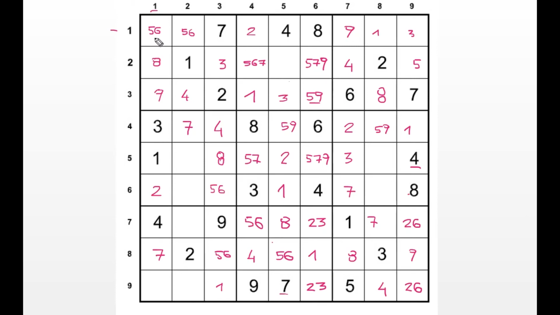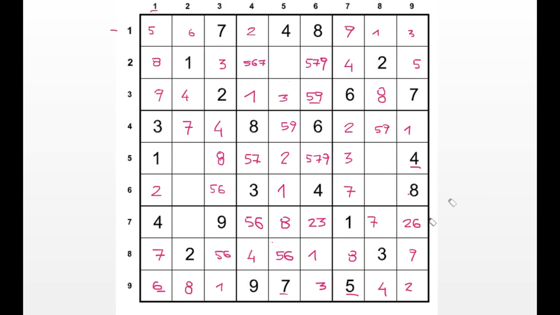There are 2 numbers and 2 cells, and here will be 5 or 6, and here will be 5 or 6, but here is already number 5, and here will be number 6, and here will be number 5, and here will be number 6. If there is a number 6 here, here cannot be, here will be number 2, and here will be number 3, and last remaining number in this cell will be number 8.